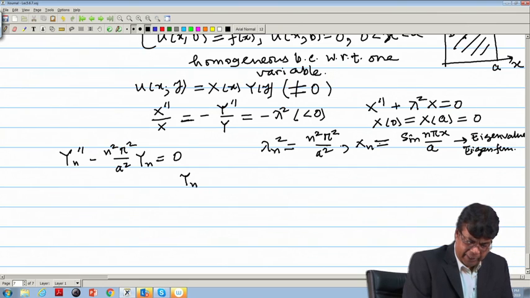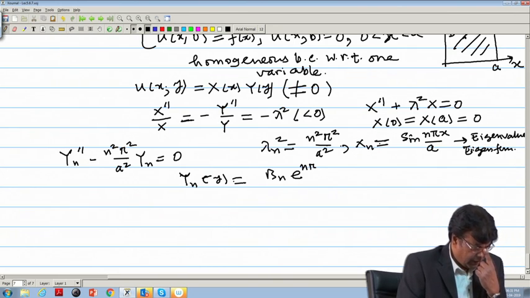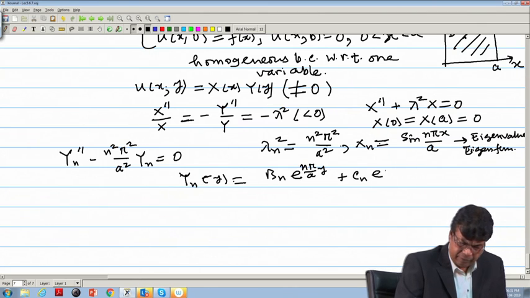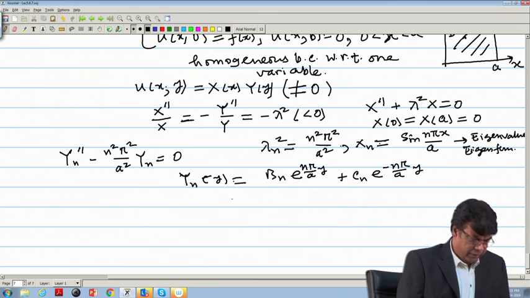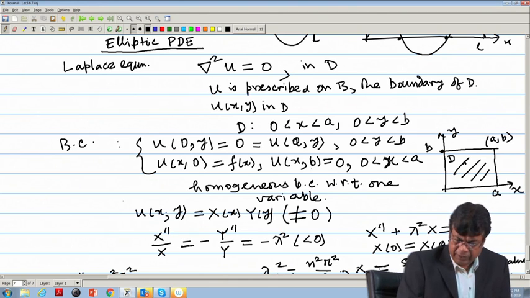So we get Y_n, which comes out to be, after some manipulation and using the boundary conditions, B_n e^(n pi y / a) + C_n e^(-n pi y / a), and here capital Y_n, because we have the homogeneous condition at b.